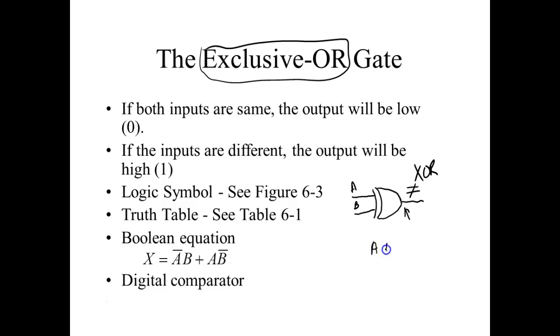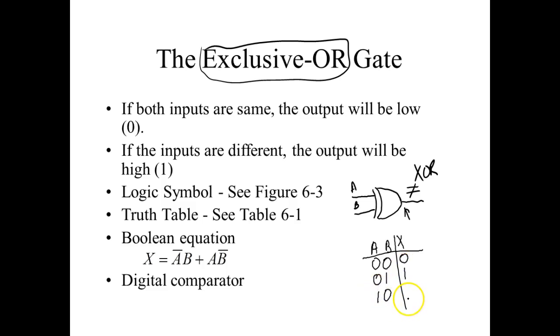So if this shows what I get when they are not equal, what would I get here? Well, this shows me I get a high if they're not equal. So are they equal? Okay, so the output would be 0. Are they equal? No, so the output would be a 1.